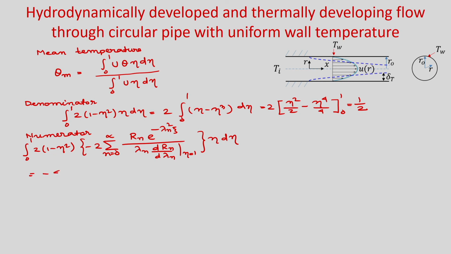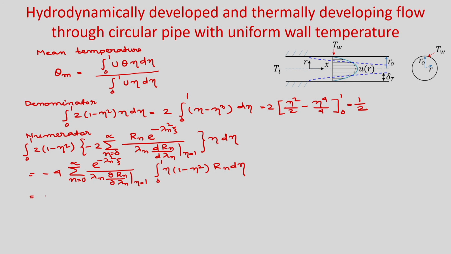So, you can write minus 4 summation n equal to 0 to infinity e to the power minus lambda n square xi divided by lambda n del r n by del lambda n at eta is equal to 1, and now we put the integral 0 to 1 eta into 1 minus eta square r n d eta. So, you can see that this integral already we have found, right.